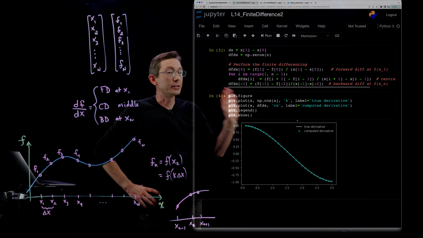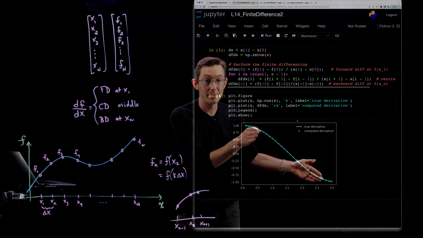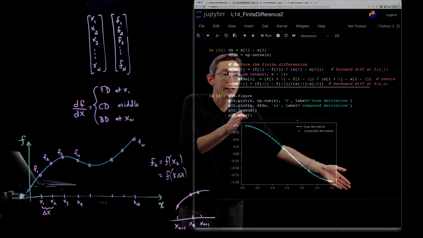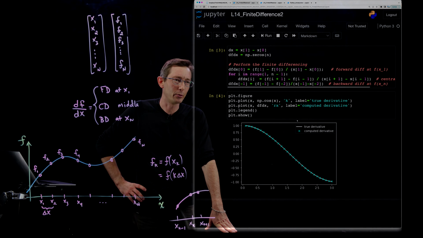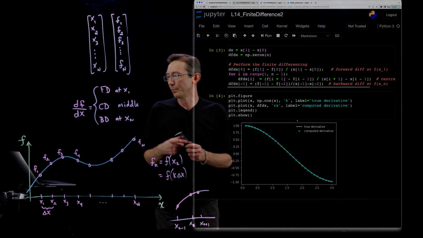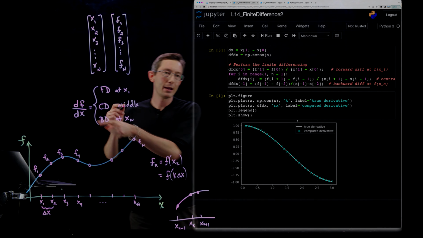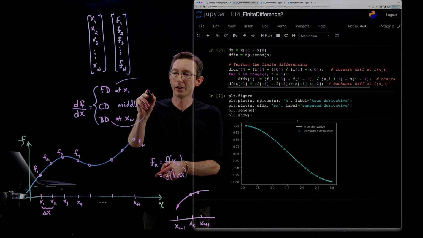Okay, so this is really cool. You actually get a really good approximation, and it's especially good in the middle because we're using central difference, but it's not terrible at the endpoints. It's actually better at the endpoints than I think it should be, and I think there's a really interesting reason why, and I hope I don't botch this, but if we remember, the forward difference and backward difference have an error.